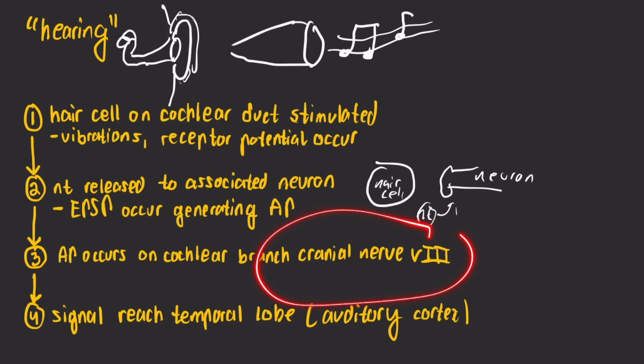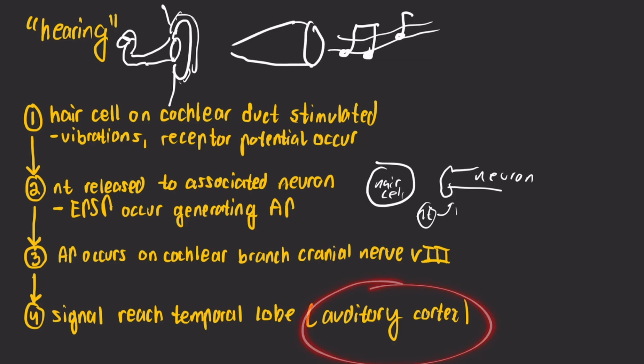This is a special nerve that is very important in sending signals to our auditory cortex, which is the part of our brain responsible for processing the things that we hear. So again, this is our brain.